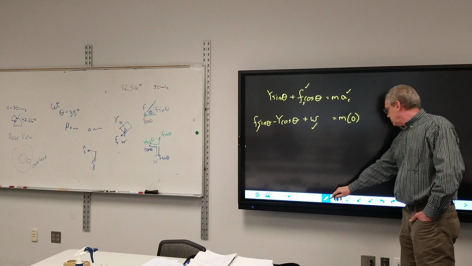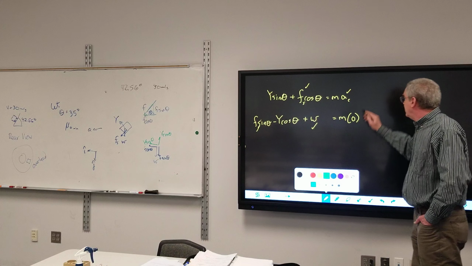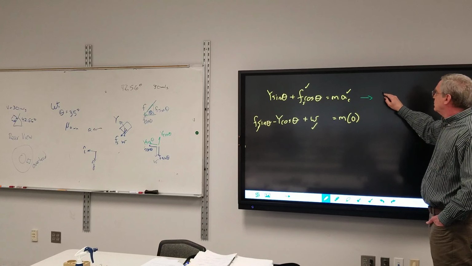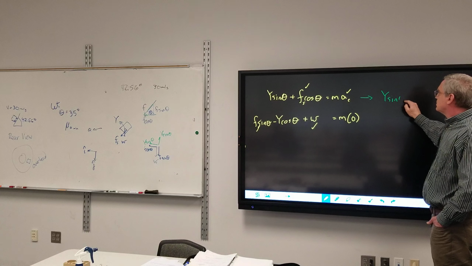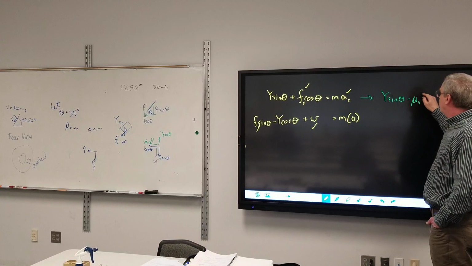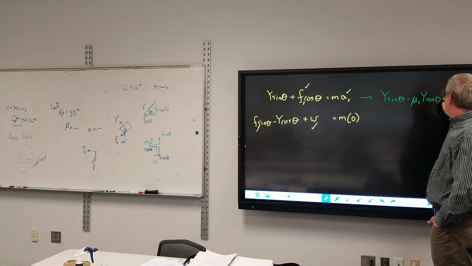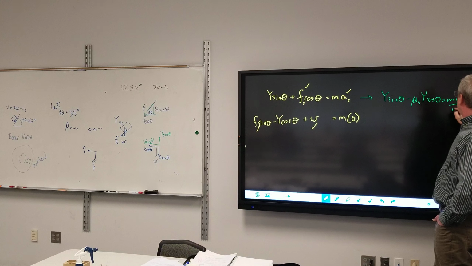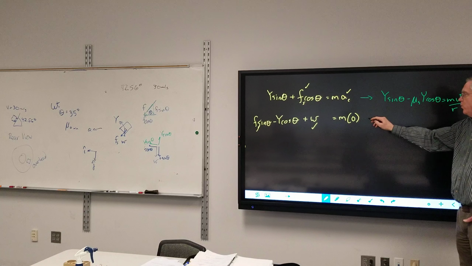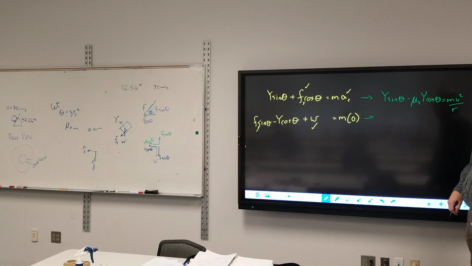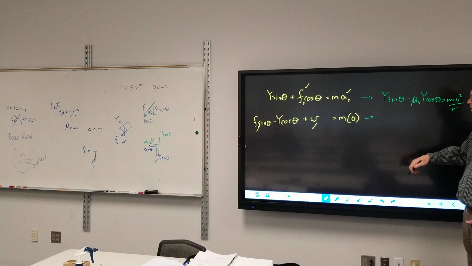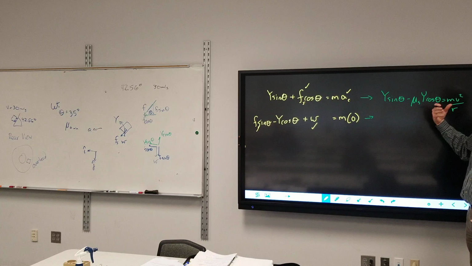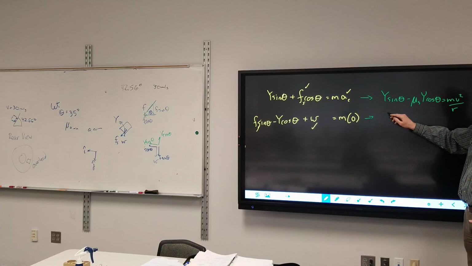So this one becomes y sine theta minus u sub s y cosine theta is equal to m v squared over r. And the other one becomes, I'm going to bring weight over to the right-hand side. Actually, I want weight isolated, just because I know where I'm heading on this one.